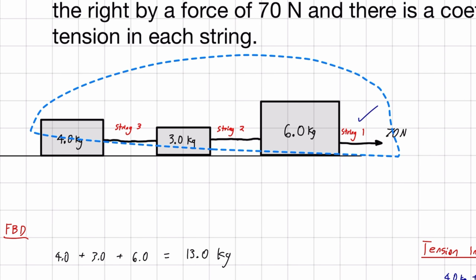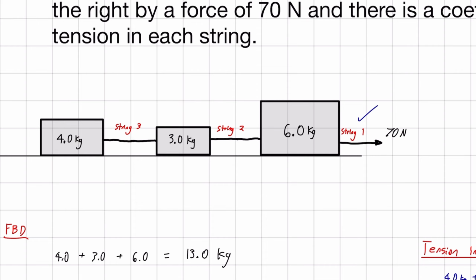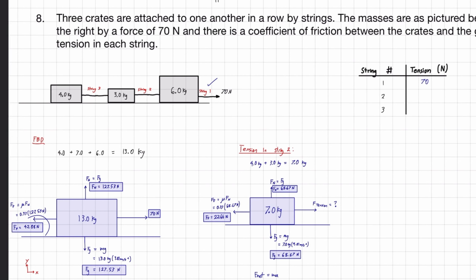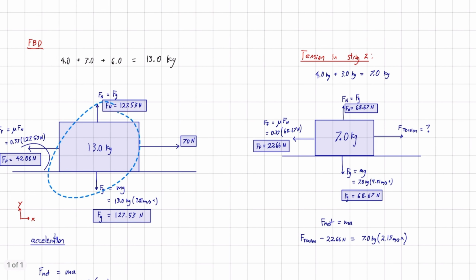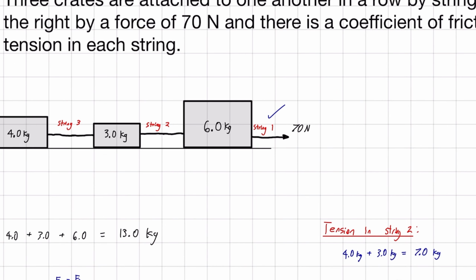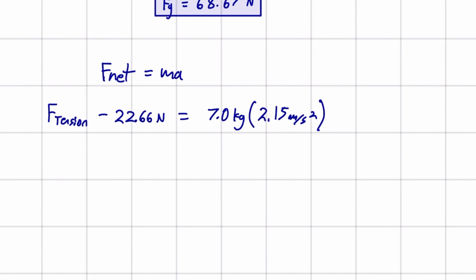They're all going in the same direction, same speed, with the same acceleration. So once we find the acceleration of this big unit here, we know the acceleration of each box individually because it's going to be the exact same.